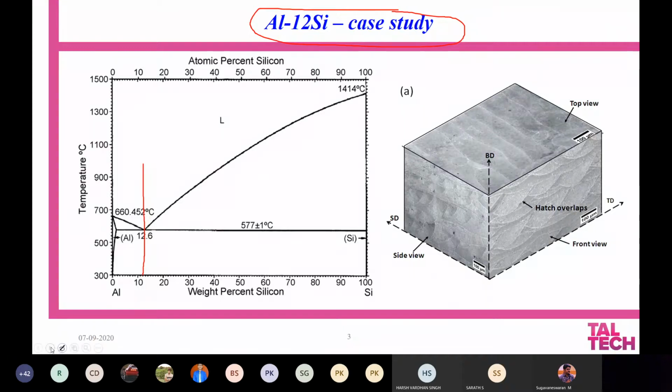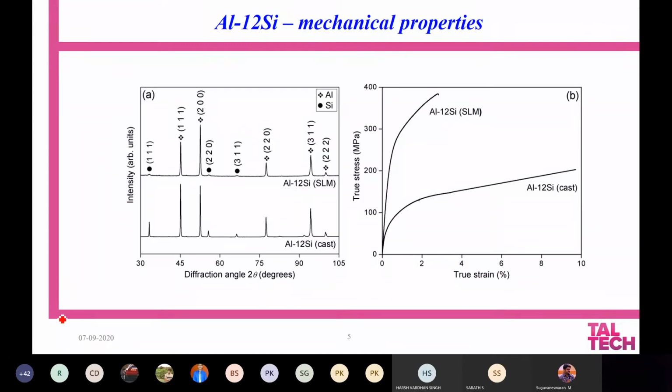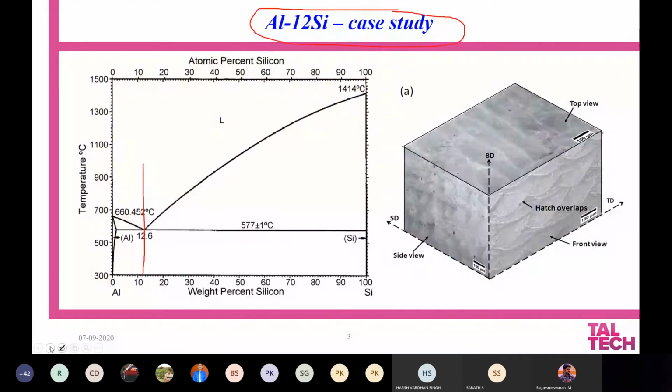Sorry, there's a mistake here. This is aluminum 12 silicon. It should be hypo-eutectic decomposition, not eutectic decomposition.